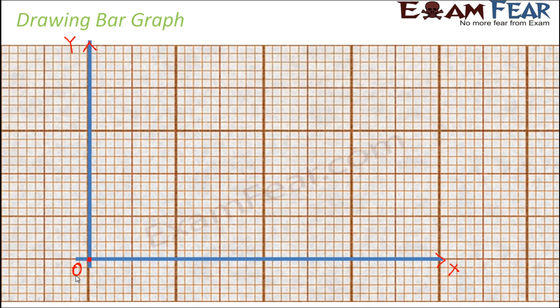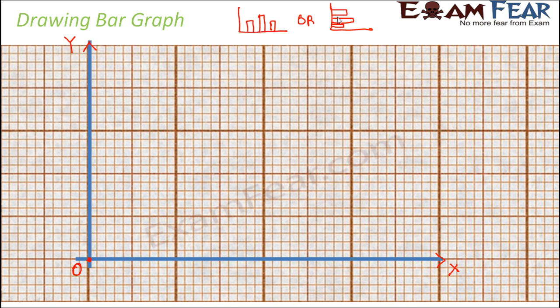Now you can draw the bars both horizontally as well as vertically. That means you can have a bar graph like the ones you have been seeing in the last few slides, or you can also draw a graph like this. These would be horizontal bars and these are vertical bars. Vertical bars are more common, but you can choose either option.